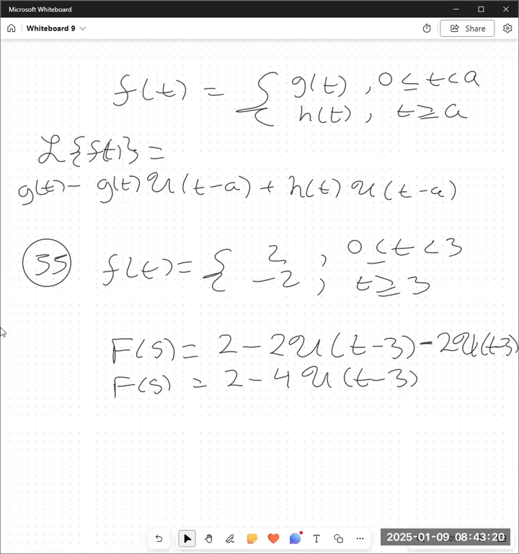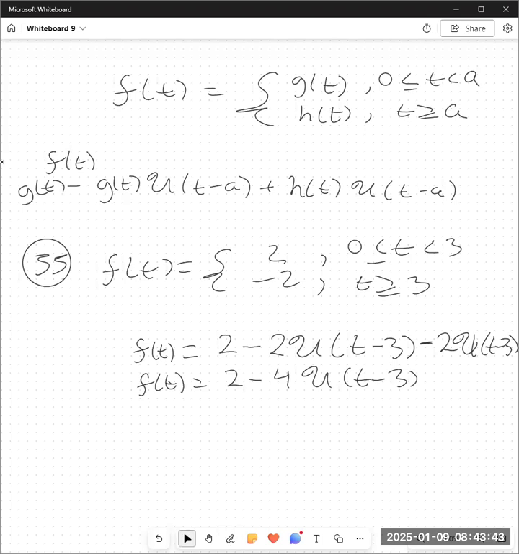Sorry, this is not the Laplace transform yet. Got a step ahead of myself. That's f of t. That's just another way to rewrite that piecewise defined function with the unit step function instead.